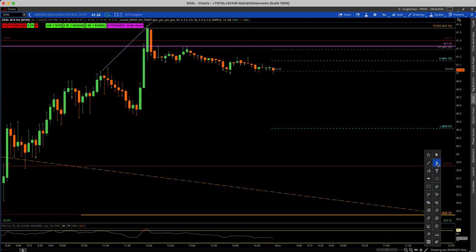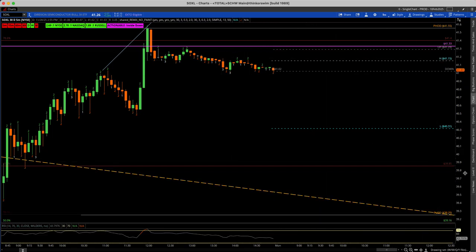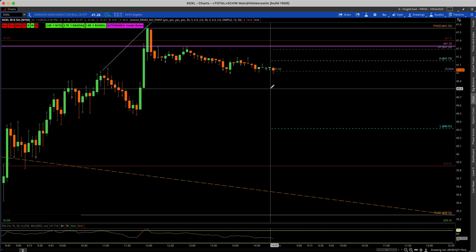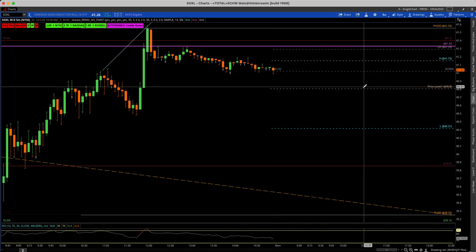So on Monday, to follow our proven and repeatable strategy, we look for higher lows at or above opening print to get into calls, and to get into puts, we look for lower highs at or below opening print. So let's say we open somewhere in between overnight high and overnight low on Monday.